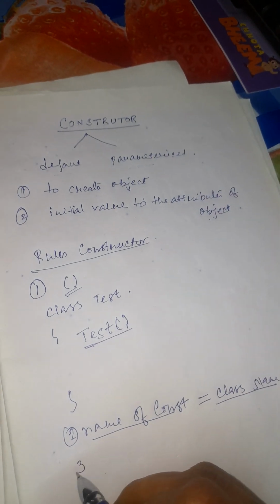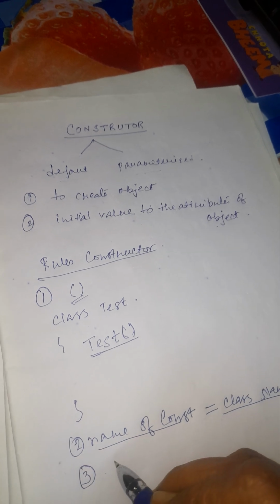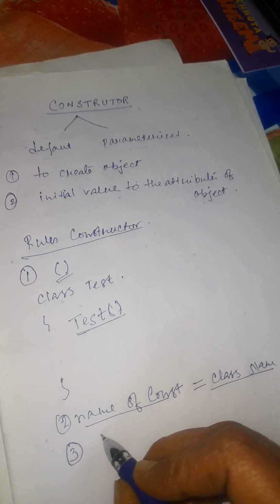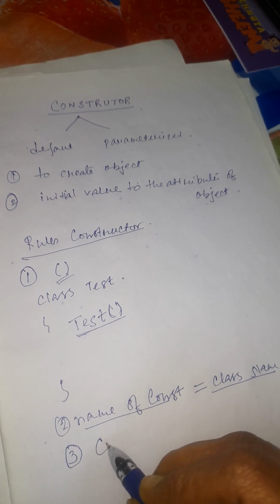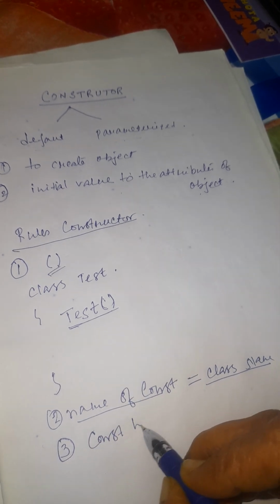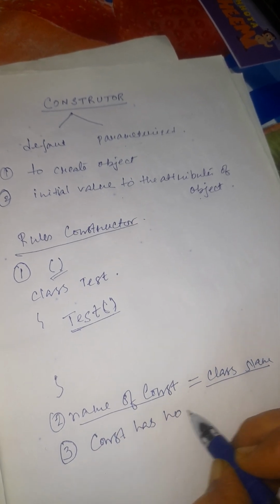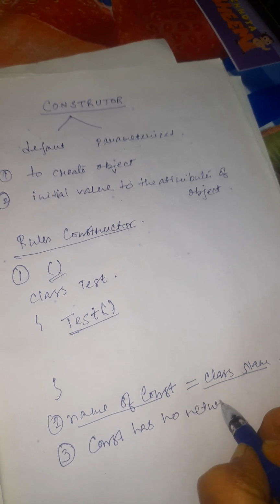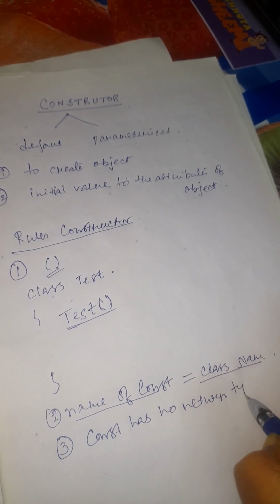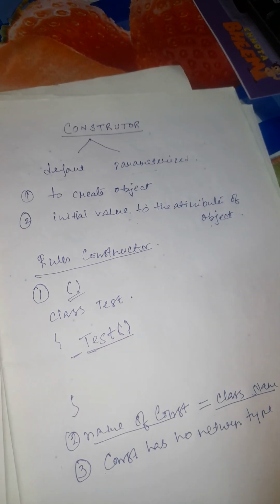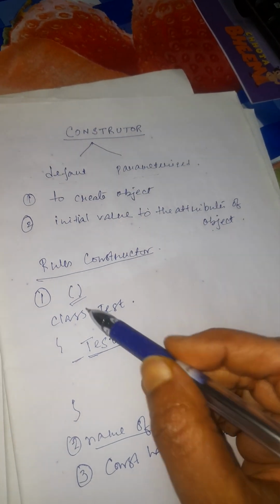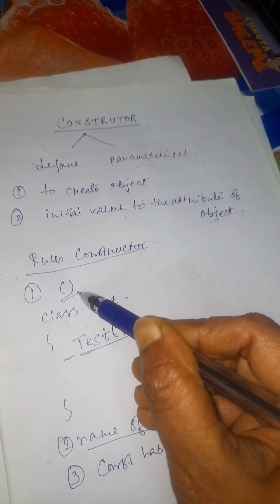Okay. Third point, this is a very important point. We already learned that constructor is a method, but constructor has no return type, not even void. Clear? So constructor is just like a method.